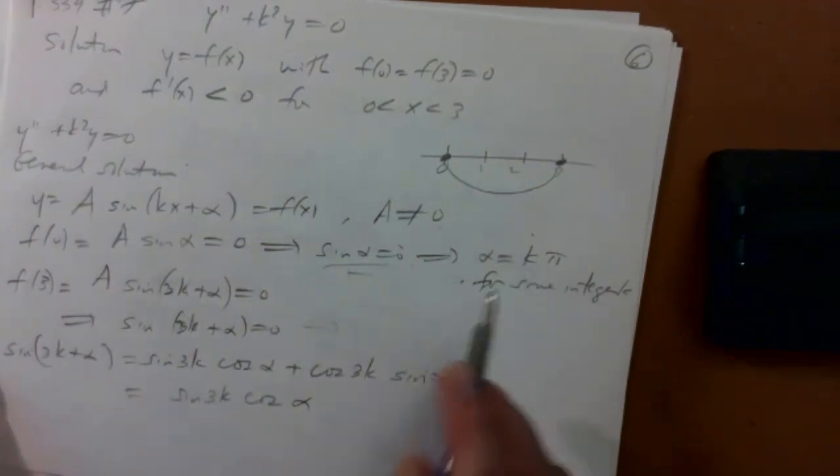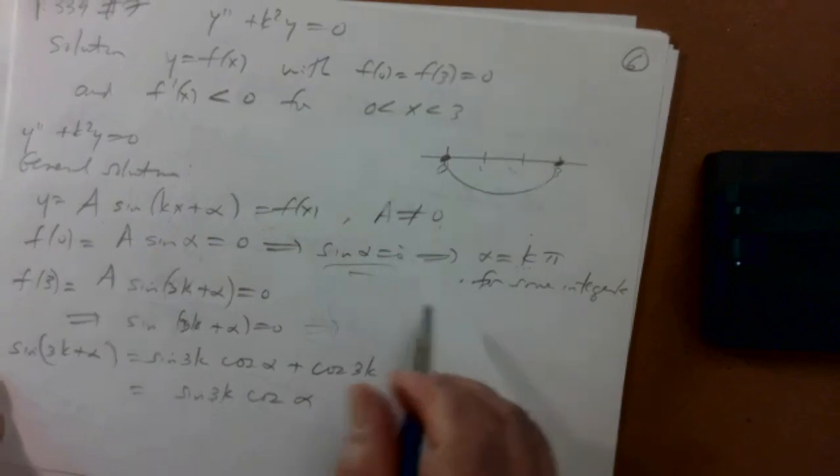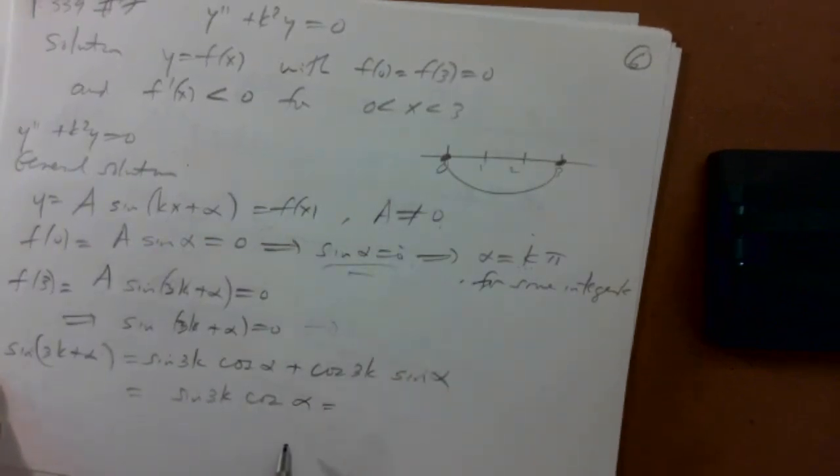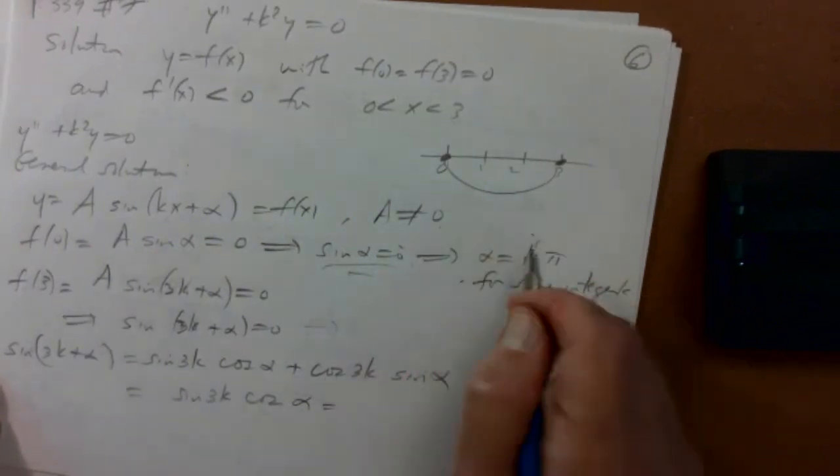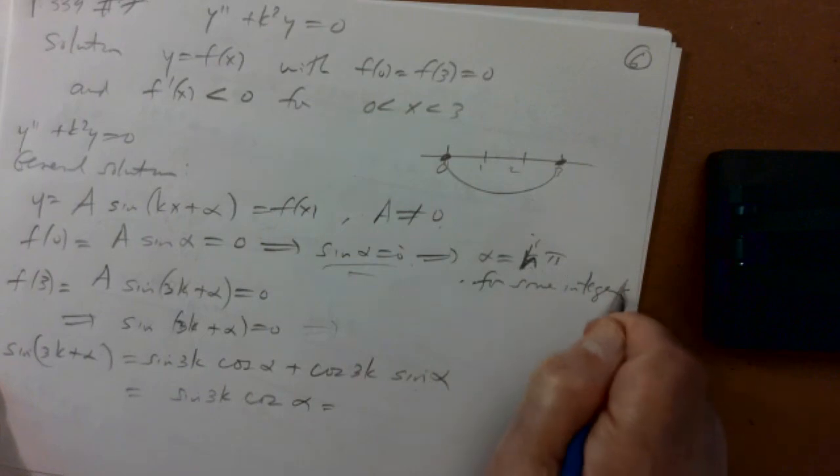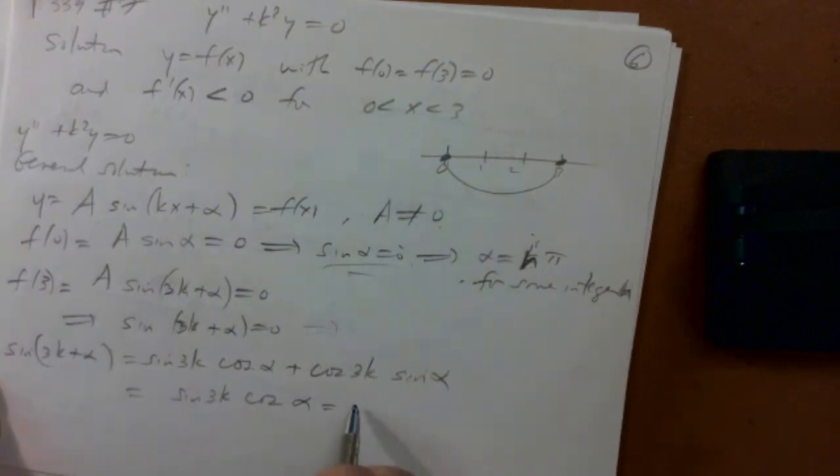But alpha is a multiple of pi. And the cosine, so this is, I shouldn't have used a k here. Call this n, some n. So this is the sine of 3k times the cosine of n pi.